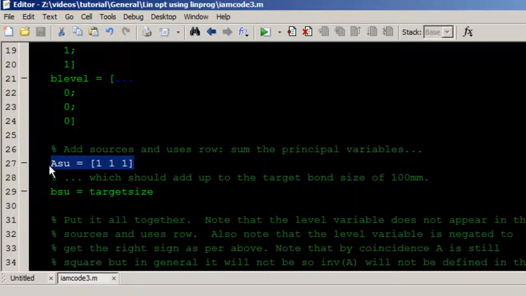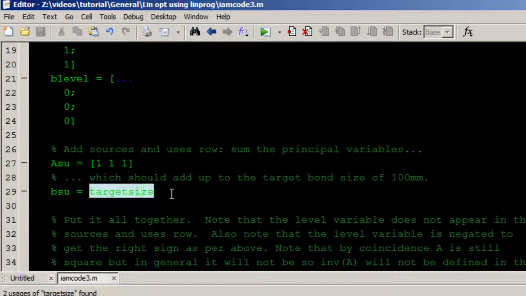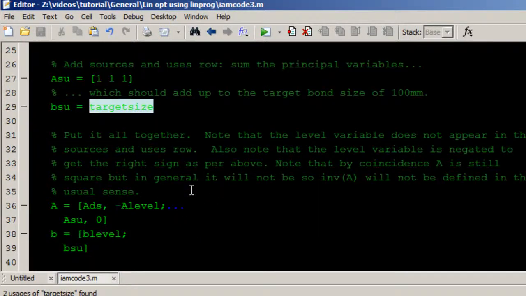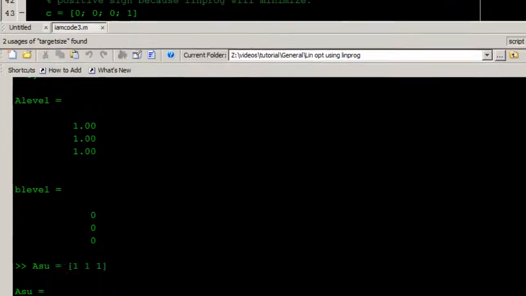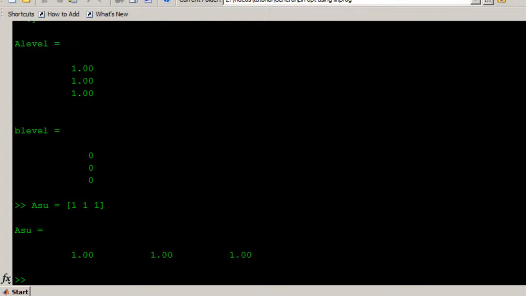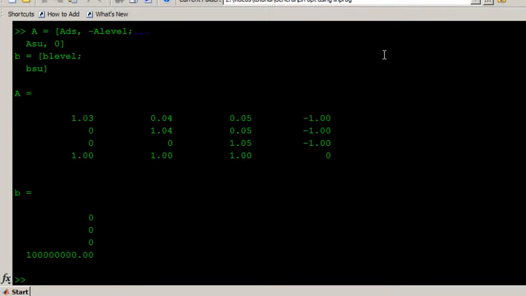So we have the sum of the 3 principal amounts. Again, if you multiply this matrix, ASU, against the vector of principals, you'd end up with the sum of the principals. And the right-hand side of that last equation we saw earlier was just the target size. So when we put it all together, with a matrix concatenation in MATLAB, we get back our A matrix that we saw a moment ago and the right-hand side.